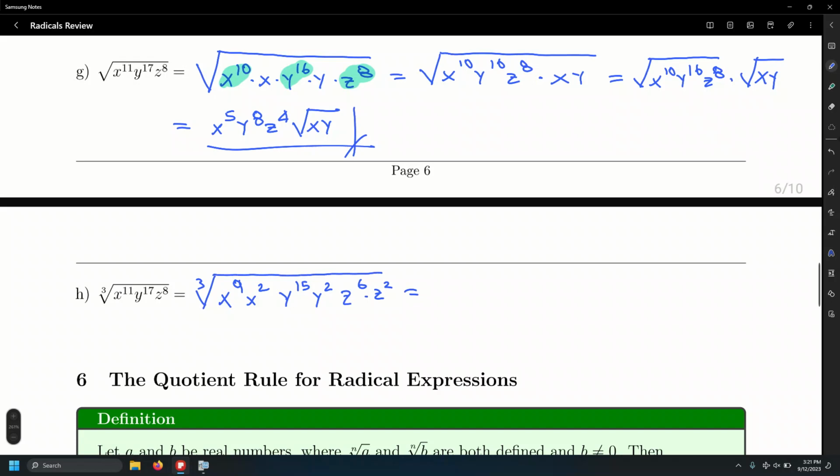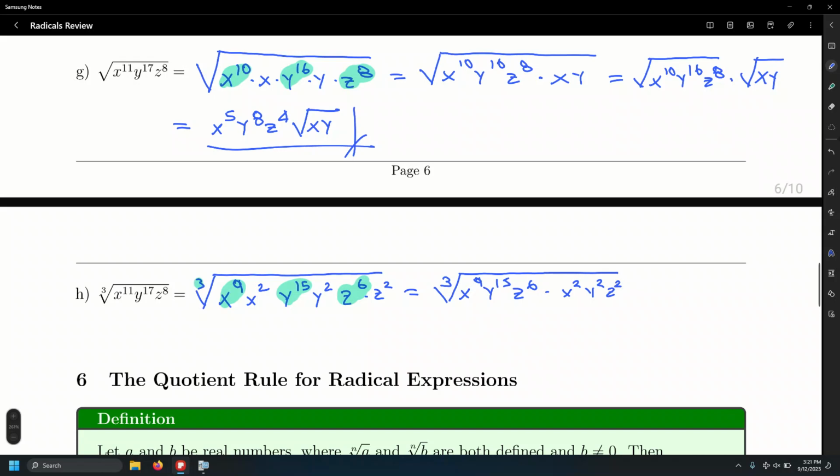All right. Group the perfect cubes in this case. Highlight the index if it works, as a reminder that we are looking for perfect cubes inside of the radical. So that'll be cube root of x to the 9th, y to the 15, z to the 6, and just write down times x squared, y squared, z squared.